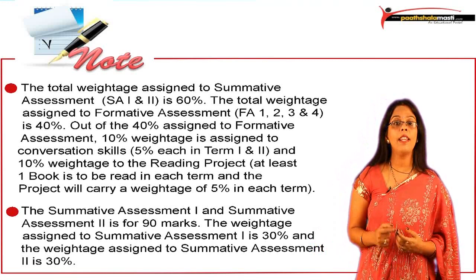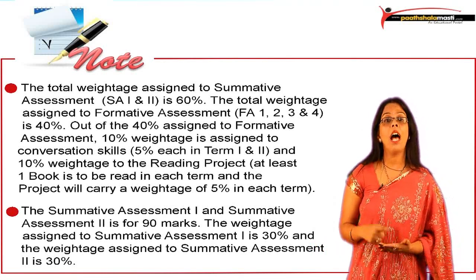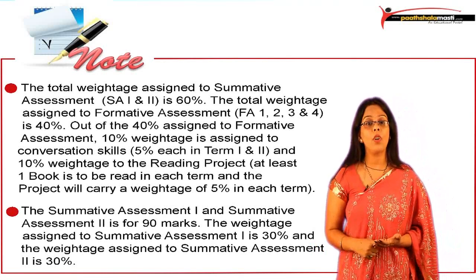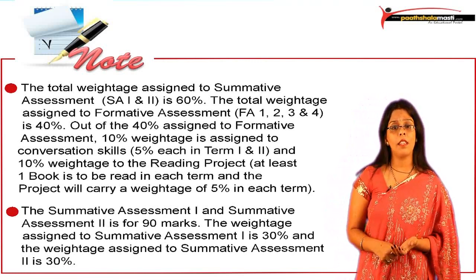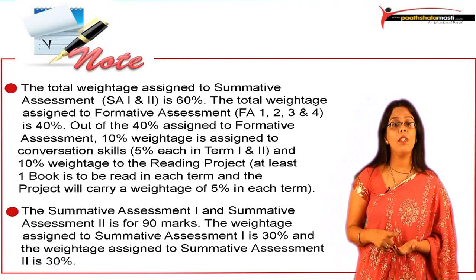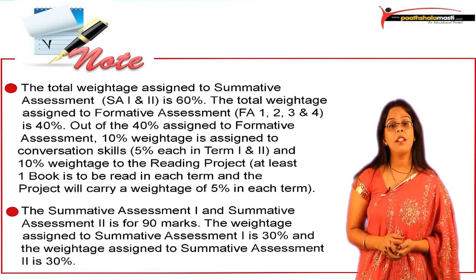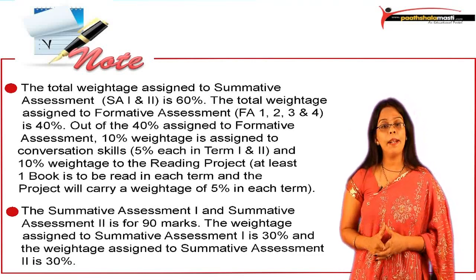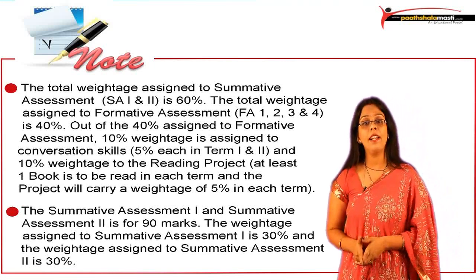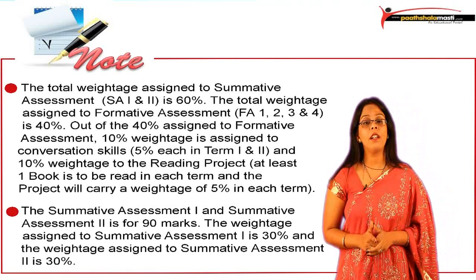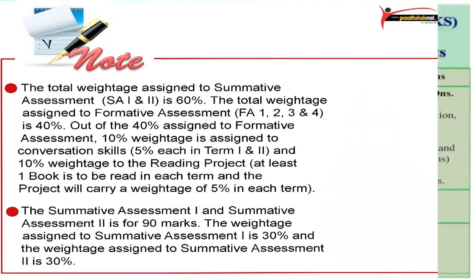At least one book is to be read in each term, and the project will carry a weightage of 5% in each term. The summative assessment 1 and summative assessment 2 is of 90 marks. The weightage assigned to summative assessment 1 is 30% and the weightage assigned to summative assessment 2 is 30%.